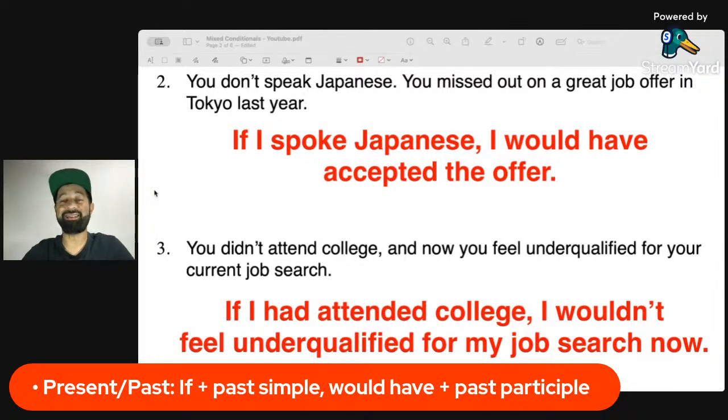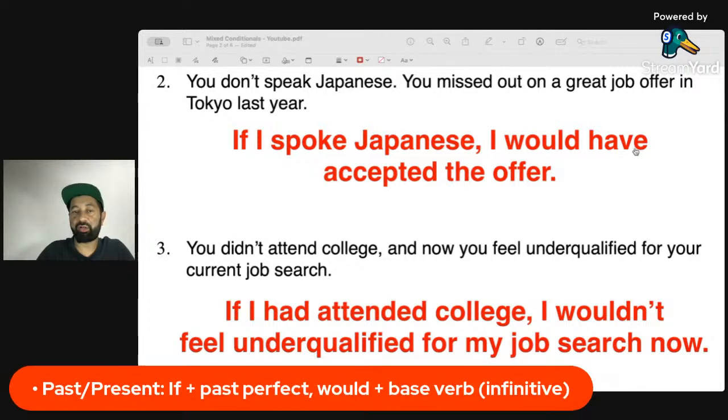Oh, okay, yeah. You got second and third. Yeah, you're completely right. We're going second and third conditional, so we're mixing them there. And then the other common one, great point. The other common one here is if past perfect, and then would and base verb. So it's actually opposite. You know, you're switching it. So you're going third, would in the base verb there. So yeah, you are completely right there.